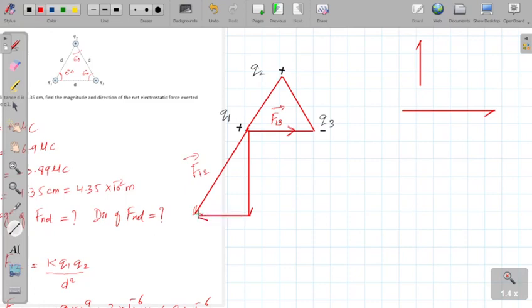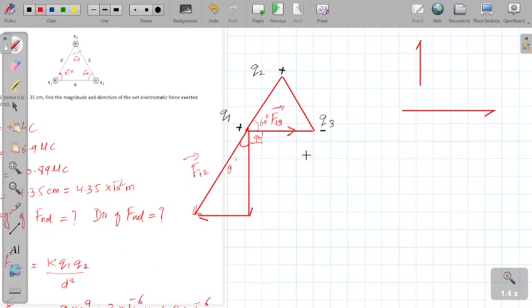What will be this angle? Can you tell me this angle? Well, this was 30 degrees. Sorry, this was the 60 degree angle between F13 and F12. This component is downward, so it is perpendicular, and this angle will be 90 degrees.